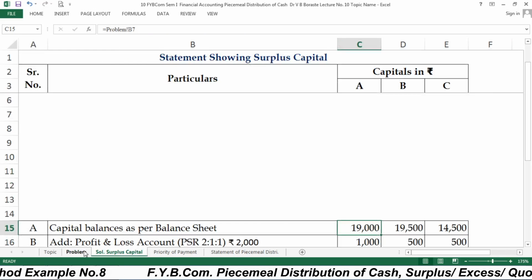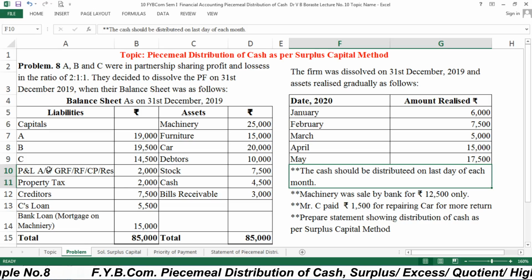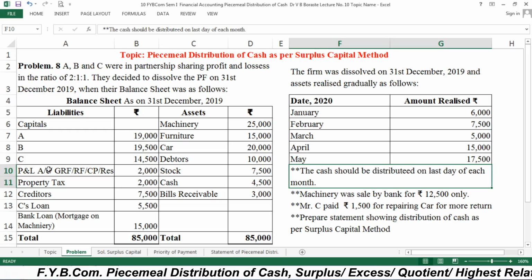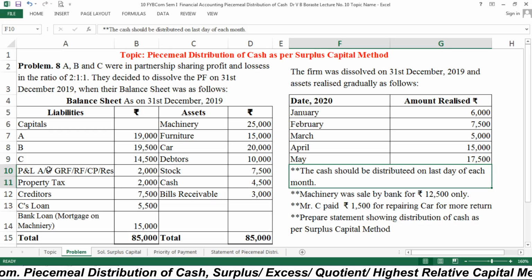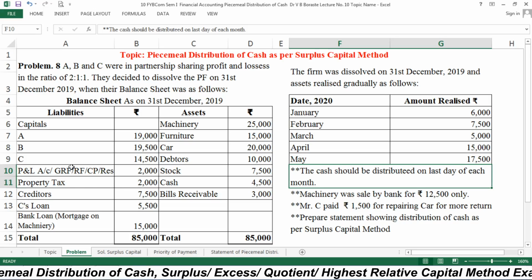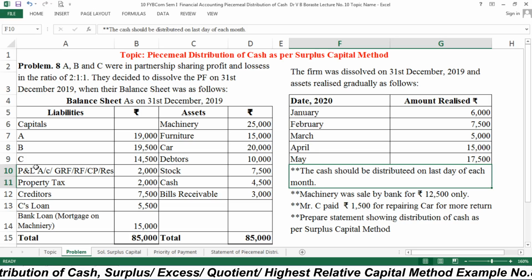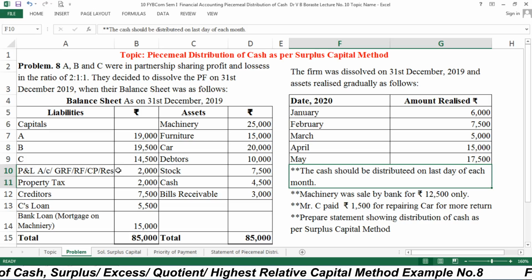After that, if there is any reserve, any profit and loss, any reserve fund, any general reserve fund, any current year profit, or any kind of reserve which is owned by the partners, it should be added to the partners' capital. I have mentioned some other names of reserves for your reference, but here the only example is the profit and loss account, which is 2,000.